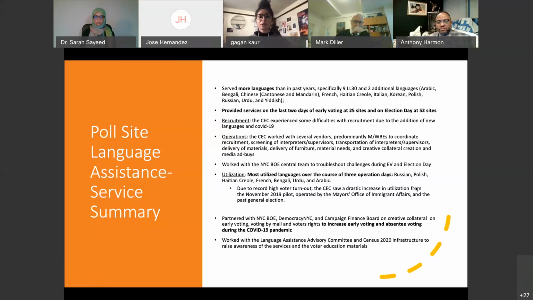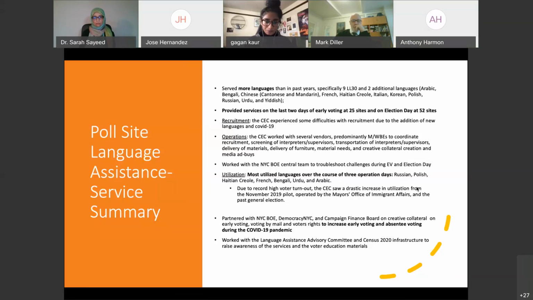These are all of the materials that interpreters and supervisors may need at their poll site throughout the day, including PPE, delivery of furniture at non-Department of Education sites, and material needs like creating our tablecloths, all of those material pieces that we use during the operation days, and also creative collateral creation and media ad buys. So it was a very wide effort in terms of operations to implement this program.